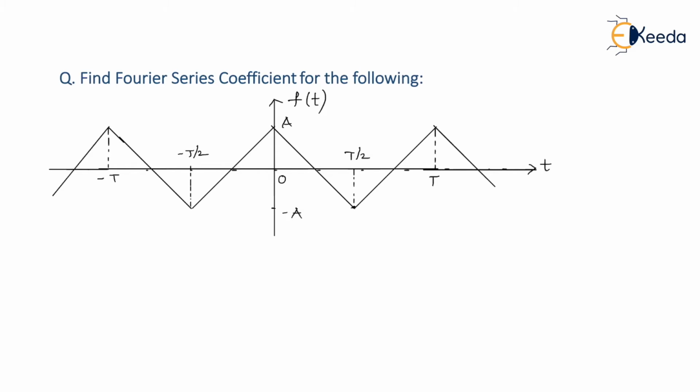But how does a triangular wave get converted into a square wave after taking a derivative? Let us understand it. Basically, a triangular wave is made up of ramps, am I right? Ramps means lines. Lines which go up have a positive slope, lines which go down have a negative slope.